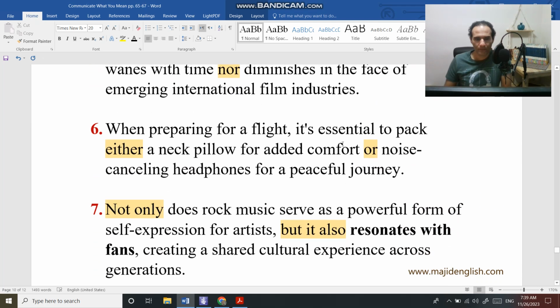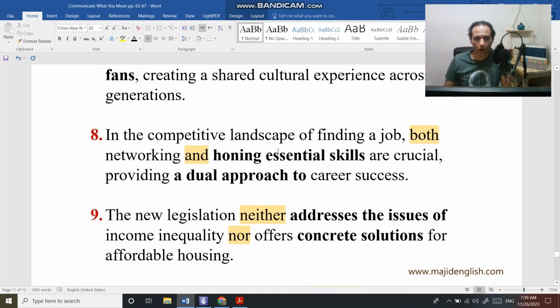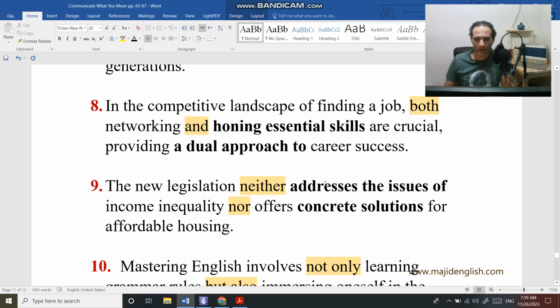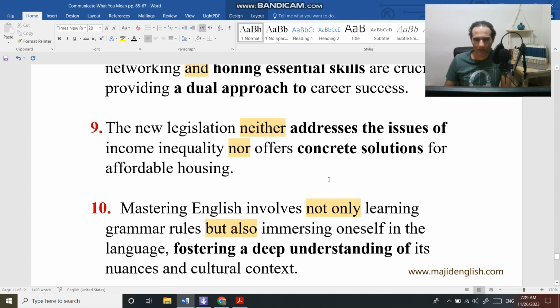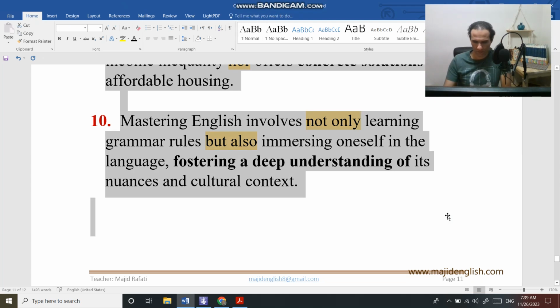Resonate with fans means to be connecting with fans. Hone the skills of something, a dual approach to something. Address the issue of means to solve this problem. Concrete solutions, strong solutions. Fostering a deep understanding of something. Beautiful. Okay.